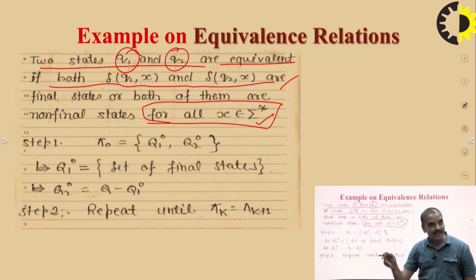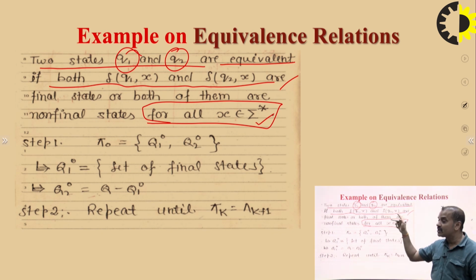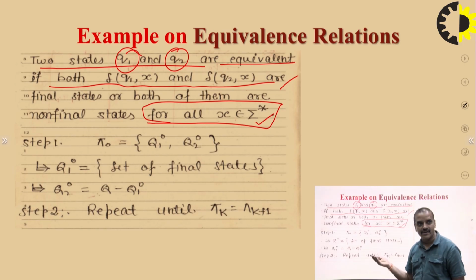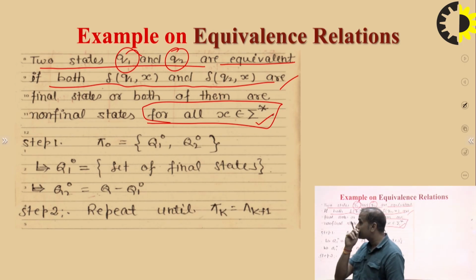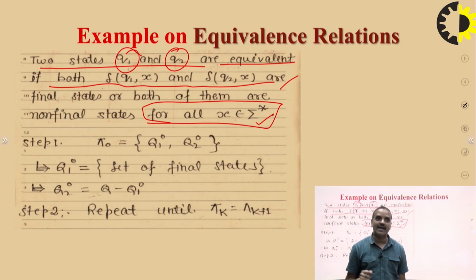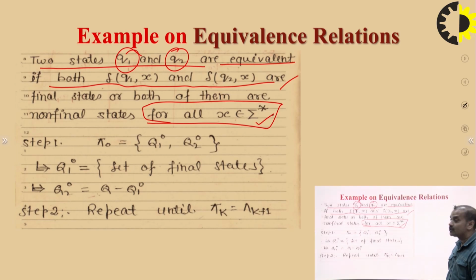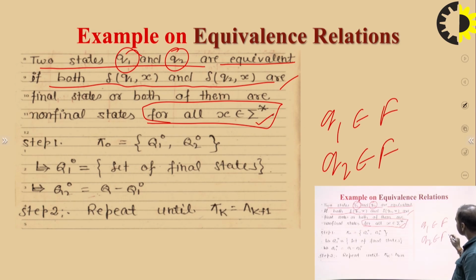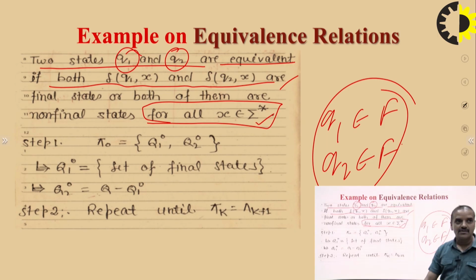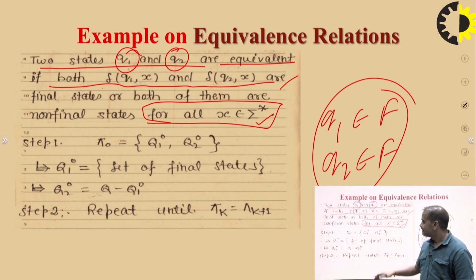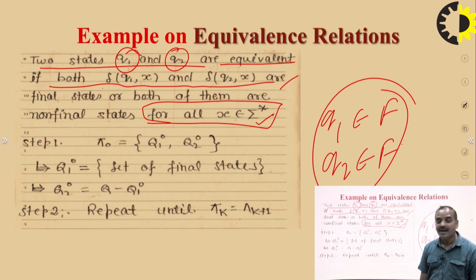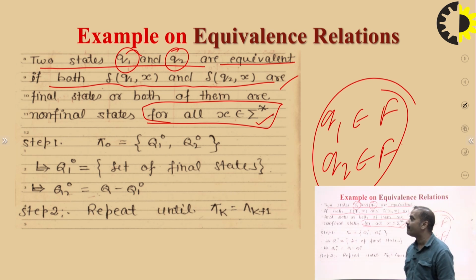We combine if Q1 and Q2 both are final or both are non-final. Otherwise, we can't combine. That means if Q1 is final and Q2 is non-final, we can't combine Q1 and Q2. But if Q1 and Q2 both belong to final, we directly combine these states. Otherwise, don't combine. This shows the steps of the procedure to follow when combining the states.